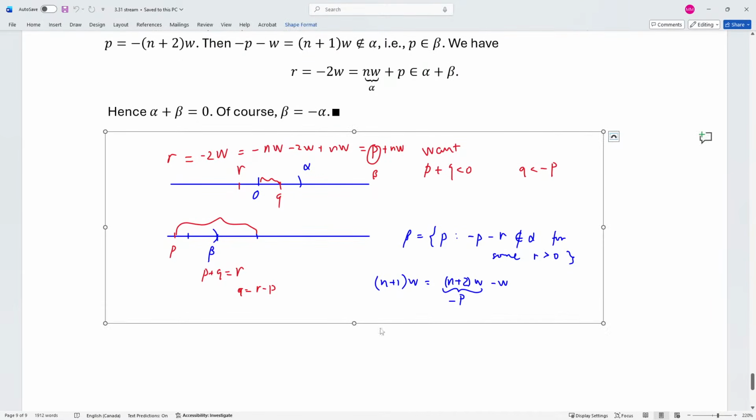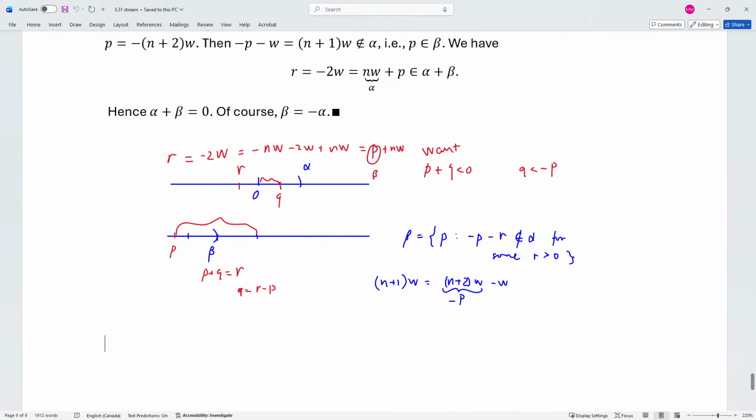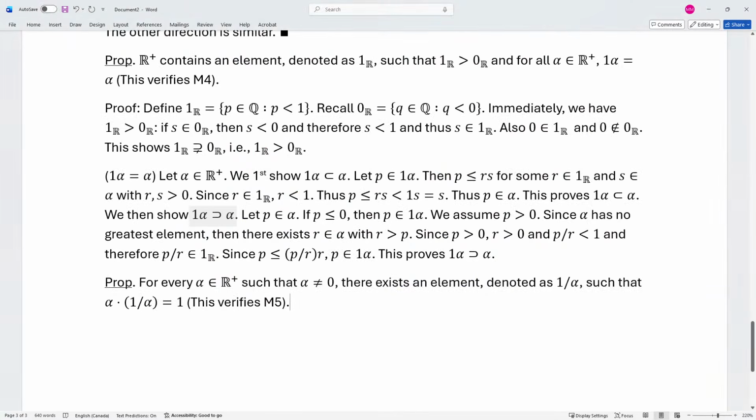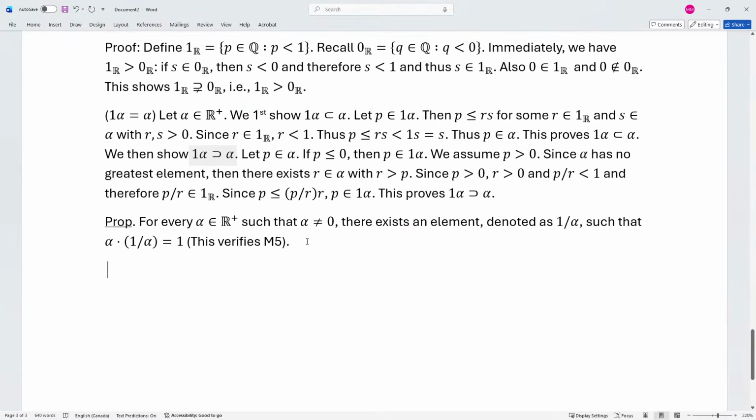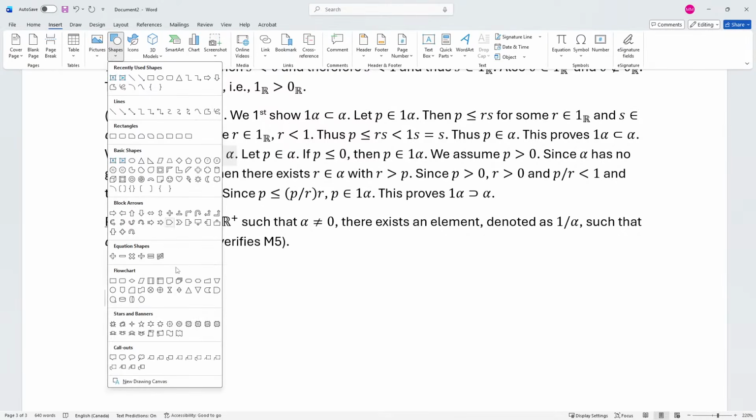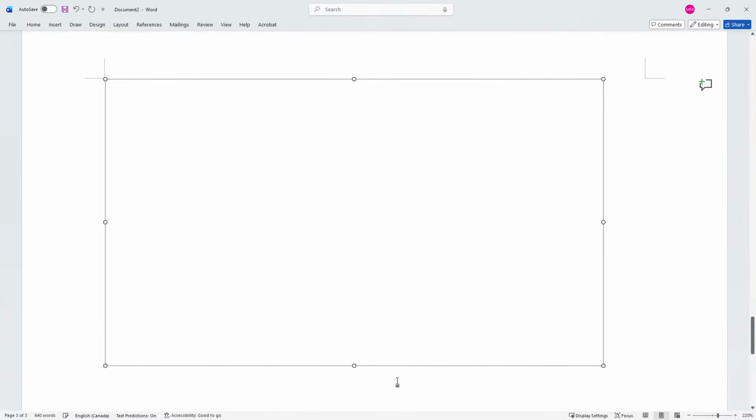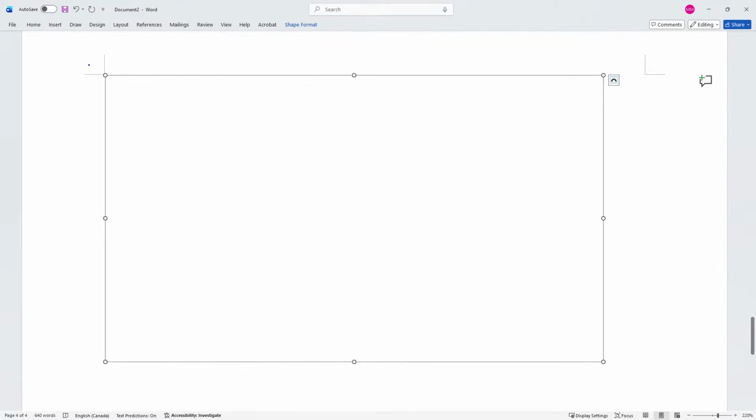So can we use this idea to define a multiplicative inverse? Let's see. It will probably be helpful if we draw a diagram. This is our positive cut, 0, and this is our alpha.